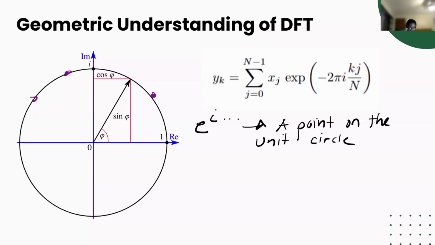Now let's look at this next part. This negative 2 pi times, and I'm going to separate it here, k over n.